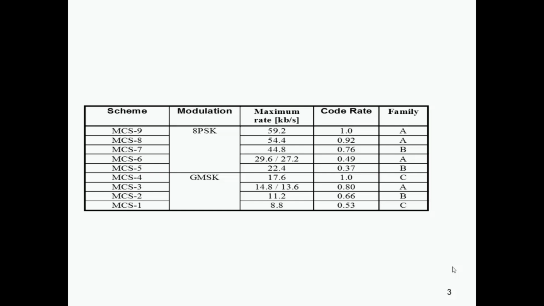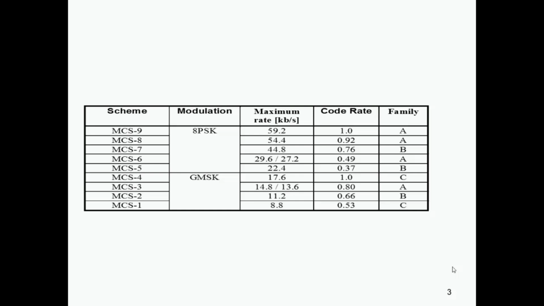The question is, what is coding rate? Coding rate 1.0 means that there is no redundancy; the actual data is what we send. And this belongs to family A. We divide the different coding schemes into 3 families A, B and C, and each family is categorized with respect to the frame size.